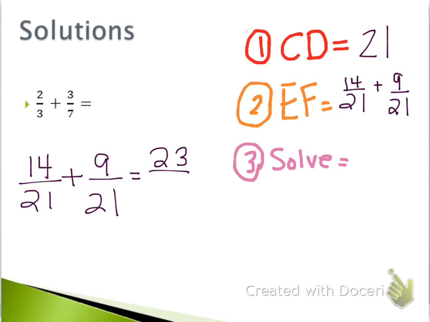And then I'm going to put that all over the common denominator of 21. And so now I have the solution, or the answer, or the sum of 2/3 plus 3/7, which is 23 over 21.